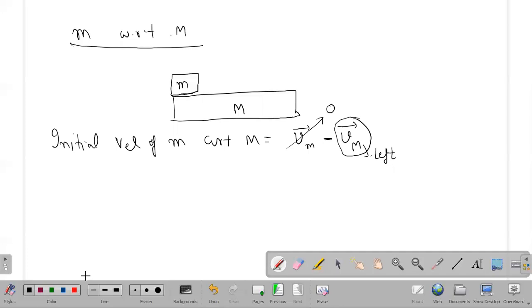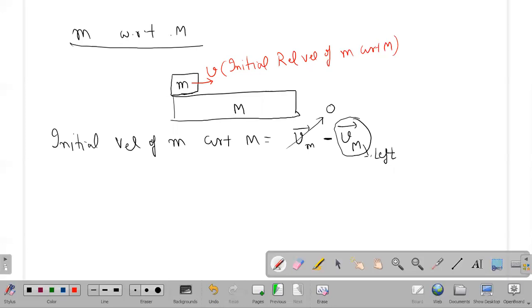That means the relative velocity of small m can be considered to the right side with velocity v. This is the initial relative velocity of small m with respect to capital M.